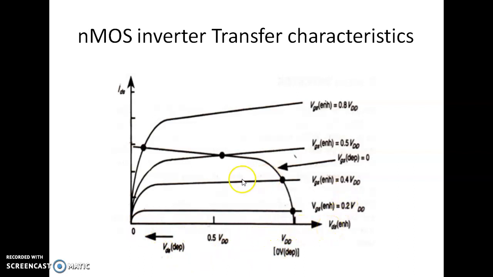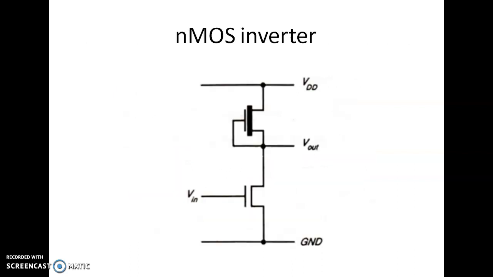These two will be superimposed on each other, and we can see a midpoint called the switching threshold, which is at 0.5 VDD. So from 0 to 1 or from 1 to 0, we have a middle point that is the switching threshold. At that point, it can switch from 0 to 1 or 1 to 0. We can obtain the transfer characteristics by superimposing the VGS equal to 0 depletion mode curve on the family of curves of the enhancement mode MOSFET.